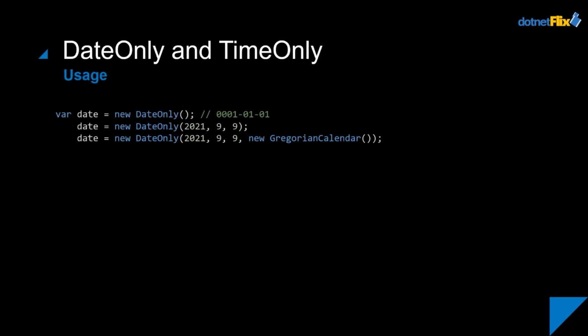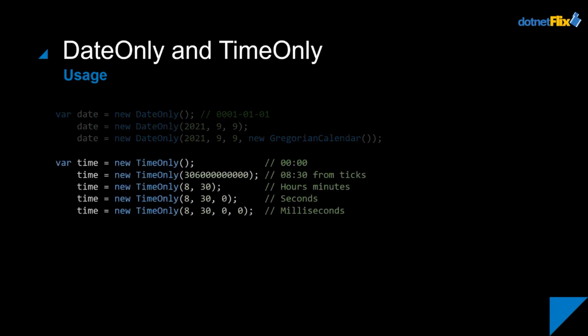So how do you use these two new types? Well, for DateOnly, there's three different constructors that you can initialize a DateOnly with. The first one, the default initializer, will initialize the DateOnly to the 1st of January in year 1. And then there's two constructors with which you can initialize it to a date in a specific calendar.